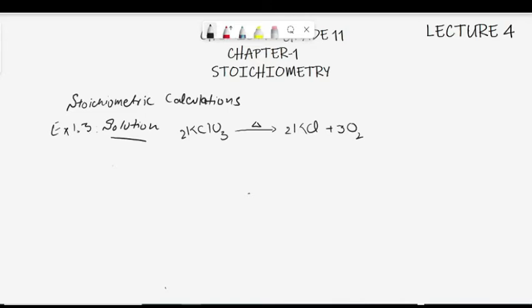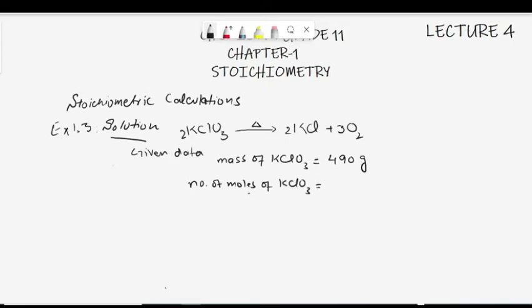So the given data is the amount of potassium chlorate, and that is equal to 490 grams. First you have to convert 490 grams into the number of moles. So the number of moles of potassium chlorate is equal to the mass in grams, that is 490, divided by the molecular mass.